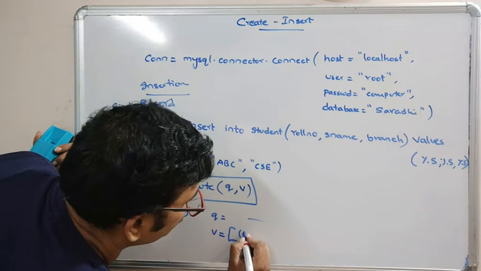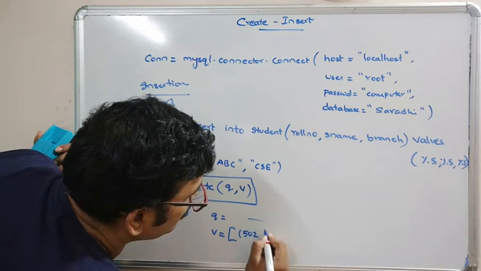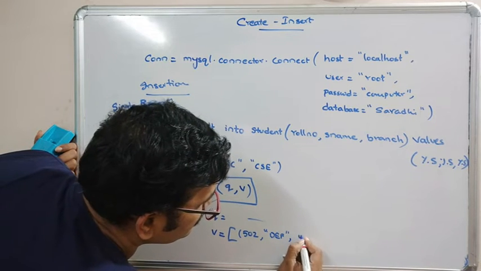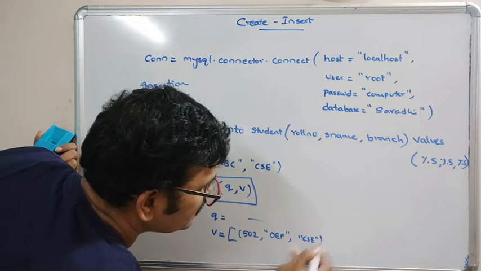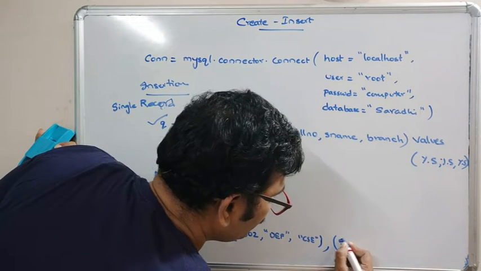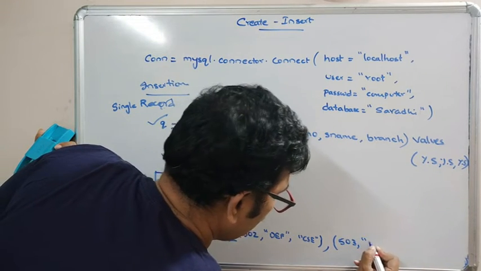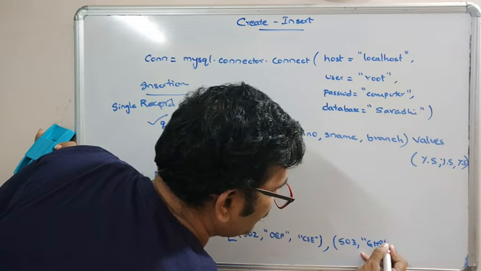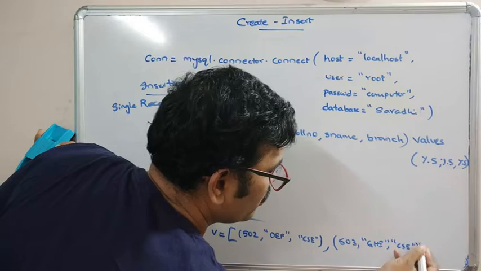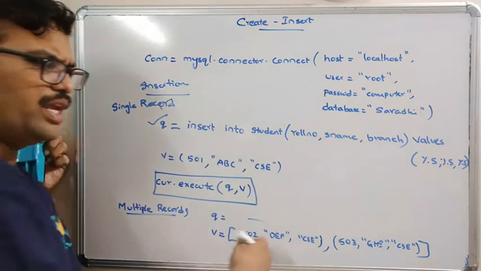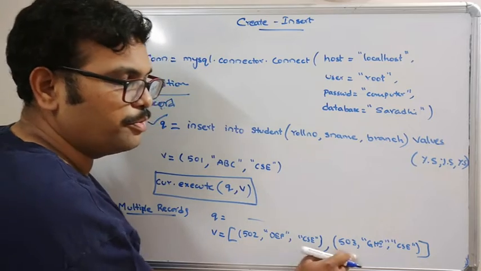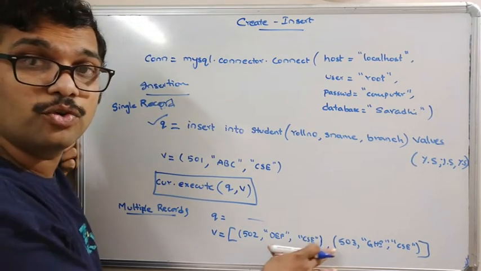So I will give you say 502, comma, DEF, comma, CSC. This is one record, comma, go with the second record: 503, comma, GHI, comma, CSC. This is one more record. Like this we can give n number of records, in the form of a list of tuples.